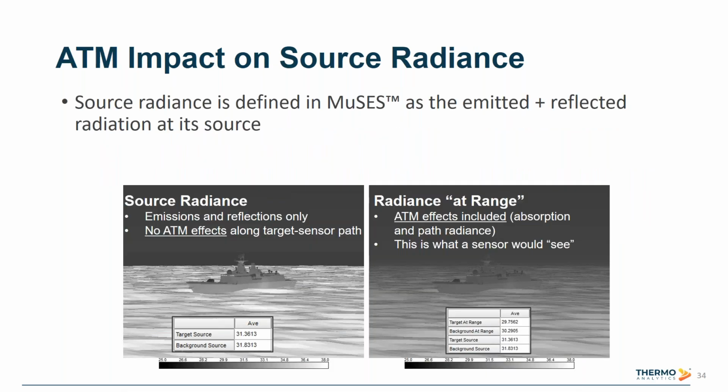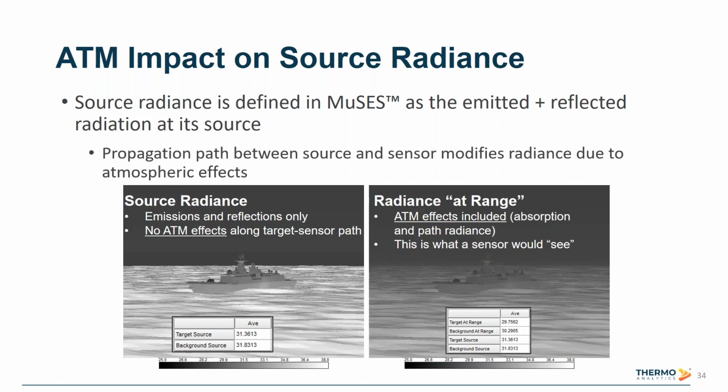As source radiance is defined in MuSES as the emitted plus reflected radiation at its source, the propagation path between the source and the sensor modifies the radiance due to atmospheric effects. The result of adding atmospheric effects can be seen here, with the left image showing no atmospheric effects along the target sensor path, while the right image includes absorption and path radiance atmospheric effects to the sensor. MODTRAN inputs to control atmospheric effects can be controlled directly within MuSES.